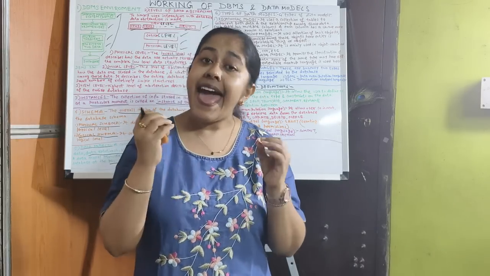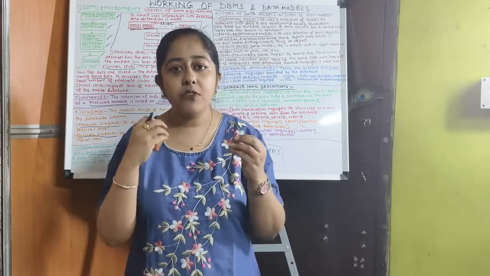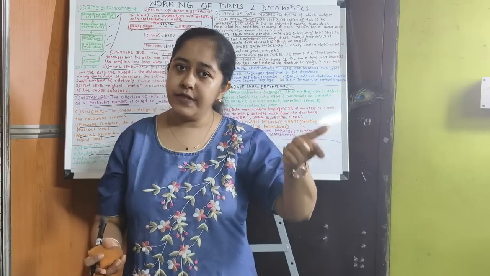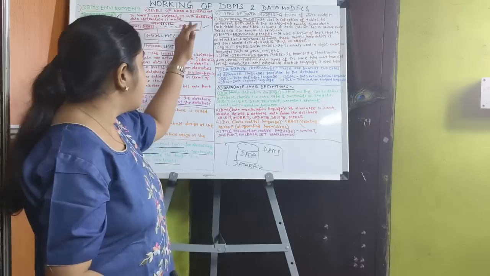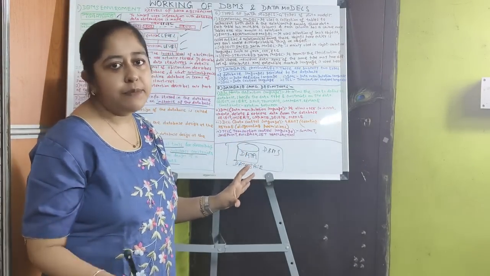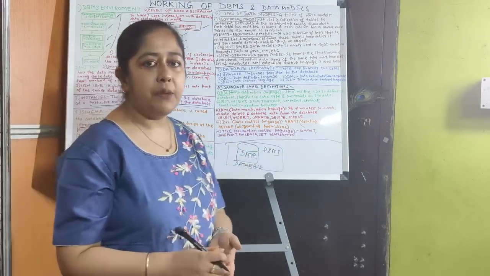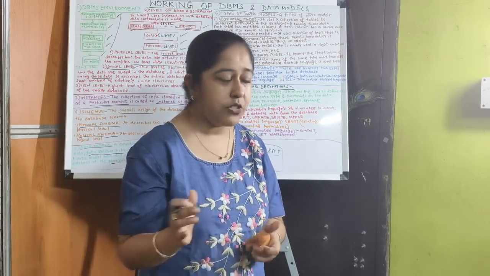It also shows where the database is, and what the design of the database is at the physical, logical, and view levels. So the whole data is shown with the help of data models. So data models are very important. Each and every type of data model is important, right?